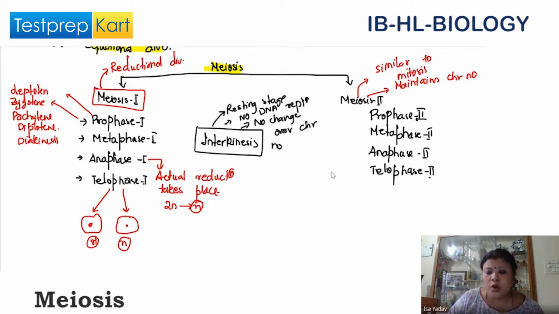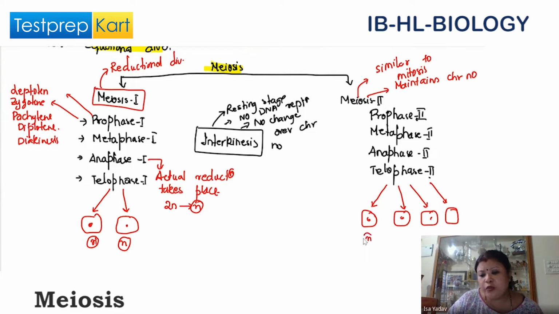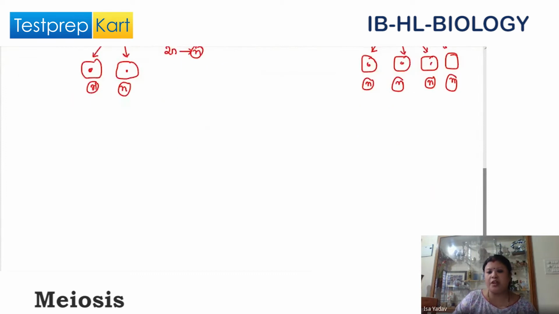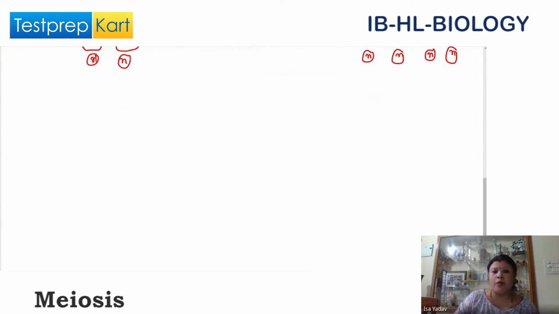Okay. So at the end of telophase 2, we get 4 cells, each of which is haploid.